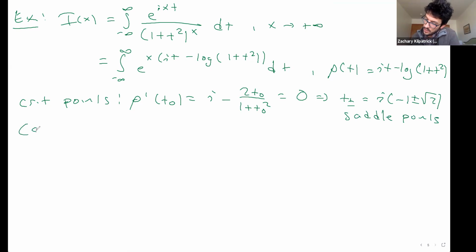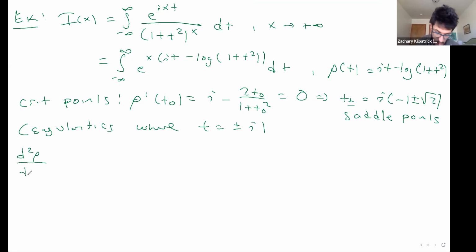Notice there are also singularities where t is equal to plus or minus i. If I plug that in, we have divergence of our log function there. But we're interested in the saddle points here. So if I take the second derivative of phi with respect to t, evaluated at t plus or minus, I get minus 2 minus plus the square root of 2, which is not equal to 0.